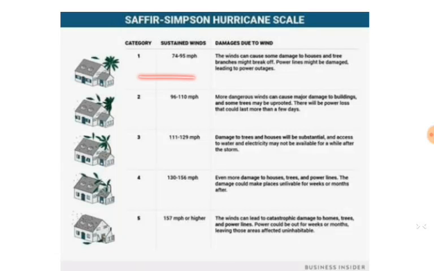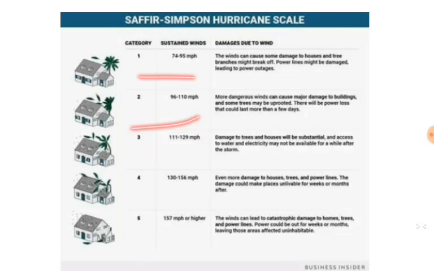Power lines may be damaged, leading to power outages, and we see this a lot as it comes on to landfall in hurricanes. In almost every country that has a landfall in hurricanes, they switch off the electricity or power lines are damaged, and that is why some places won't have power for quite a number of days or potentially weeks. And for Cat 2 now, more dangerous winds can cause major damage to buildings and some trees may be uprooted. There will be power loss that could last more than a few days.